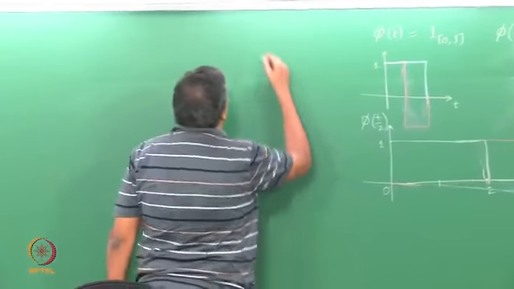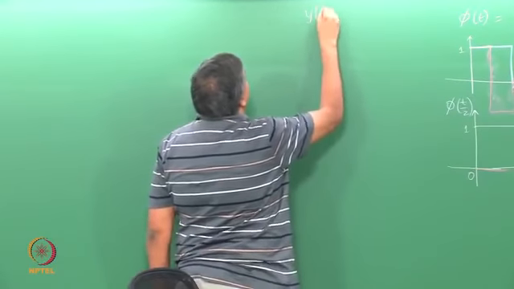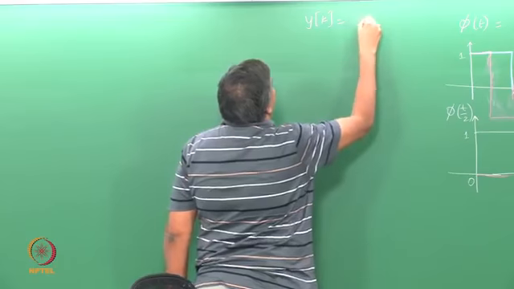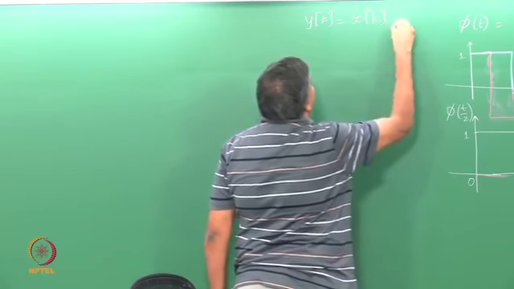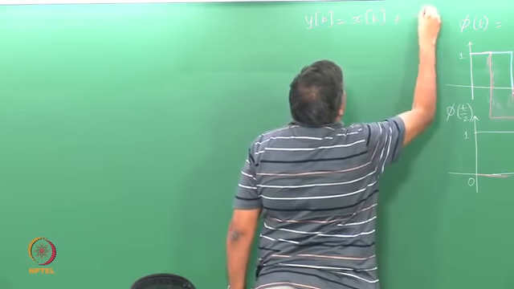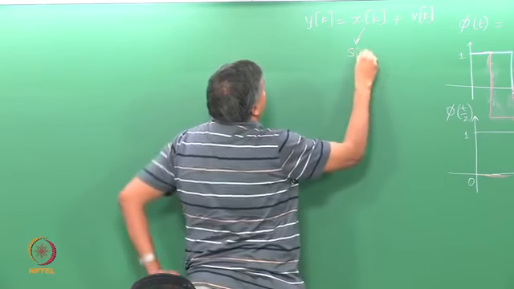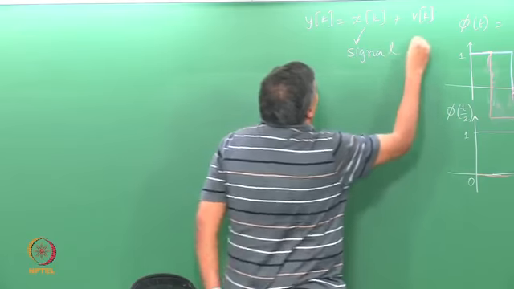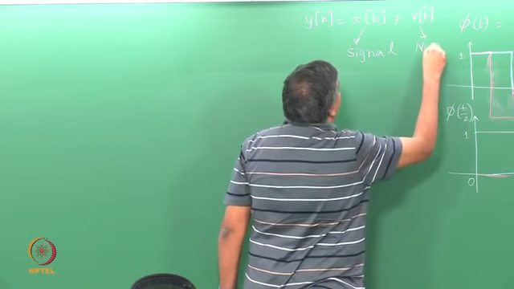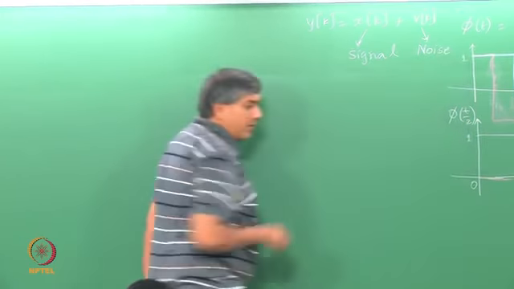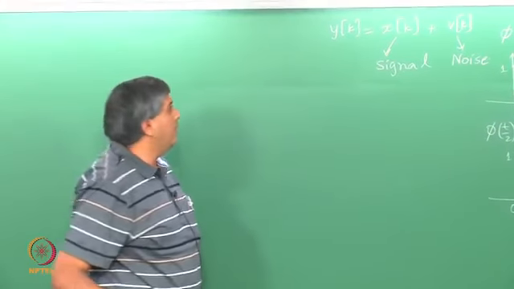Okay. So, let me just explain that to you on the board. I assume that I have a measurement y which is made up of two components in signal estimation, where x is the signal and v is some kind of noise and y is the measurement.